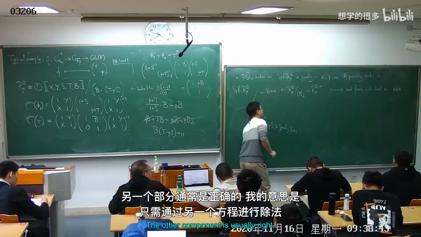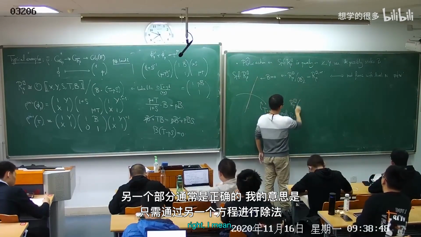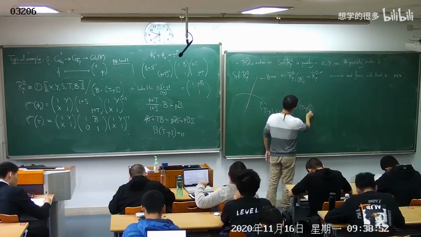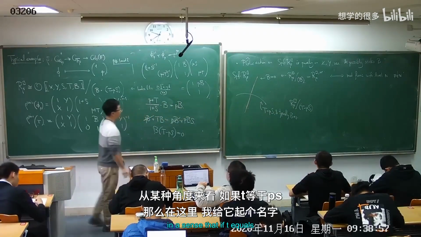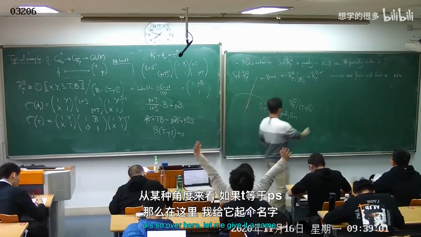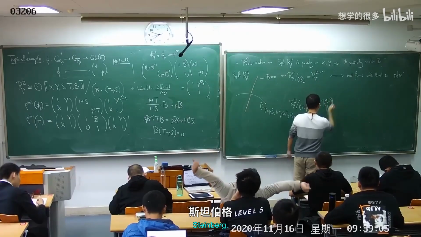The other component is just the quotient by the other equation, T minus PS. This is a little strange if you look at it in the sense that if T equals PS, over here, let me give it a name. It's called R row bar frame Steinberg.